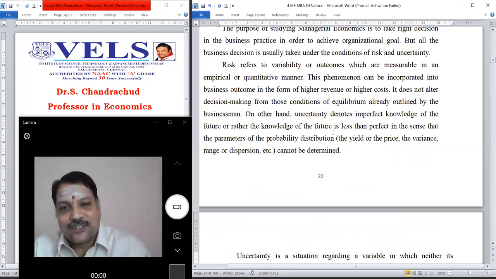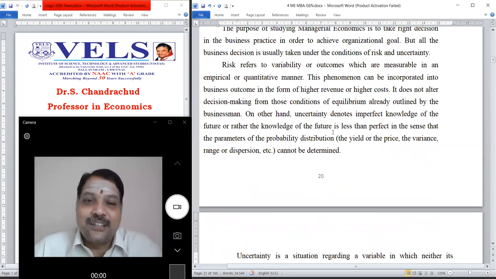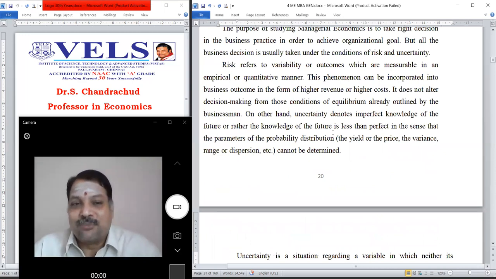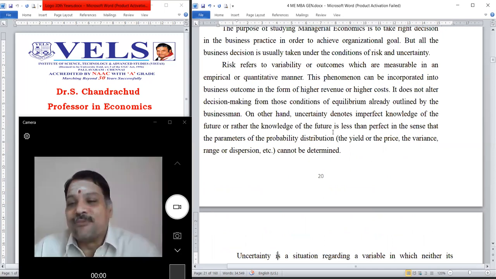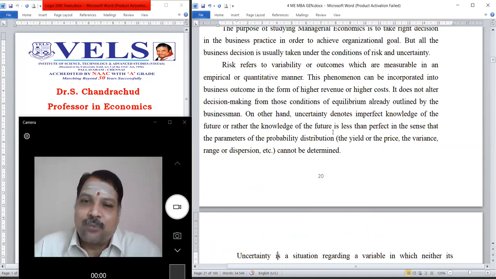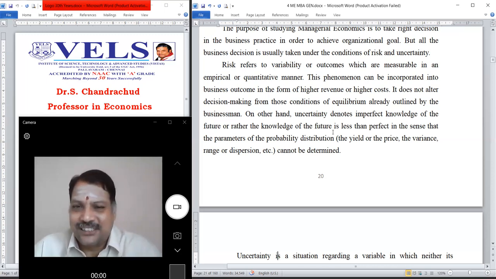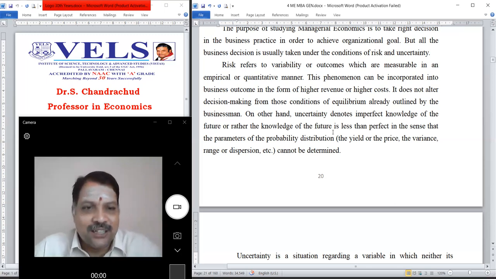Risk refers to the variability of outcomes which are measurable in an empirical or quantitative manner. This phenomenon can be incorporated into business outcome in the form of higher revenue or higher costs. It does not alter the decision making from those conditions of equilibrium already outlined by the firm.